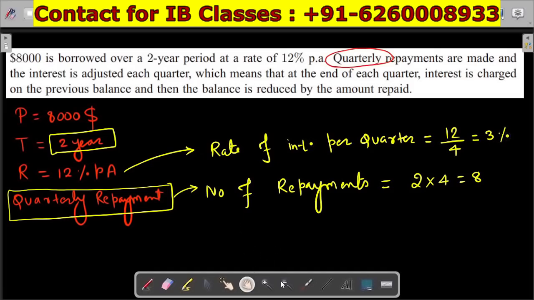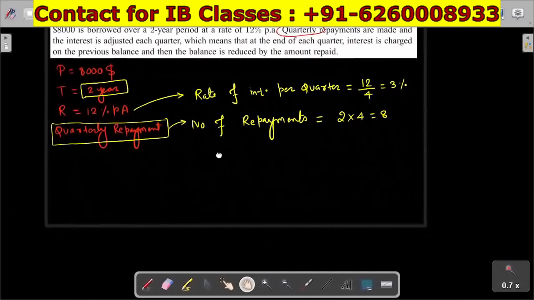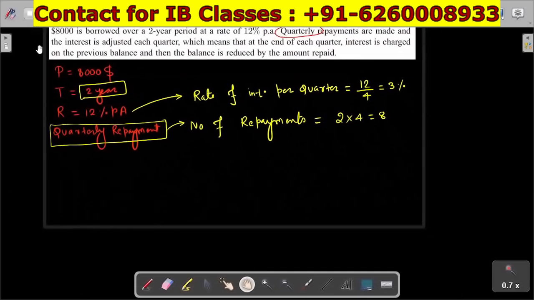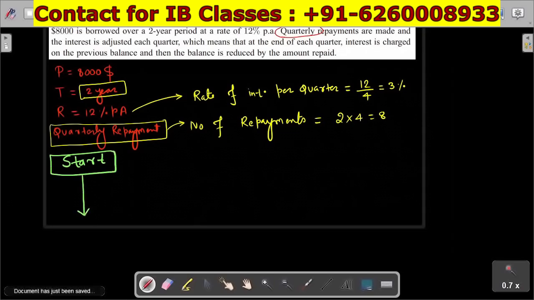Now let us see. Suppose we have some loan amount, so our loan started here, right? After the first quarter, what will happen?